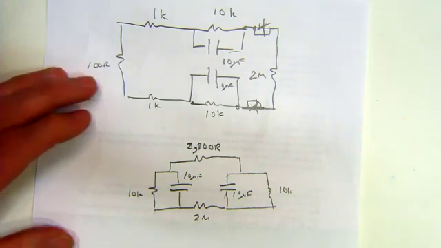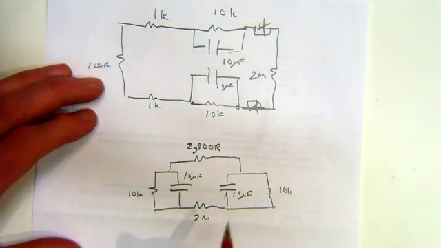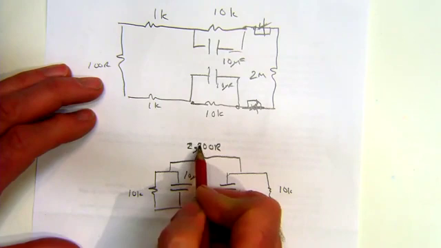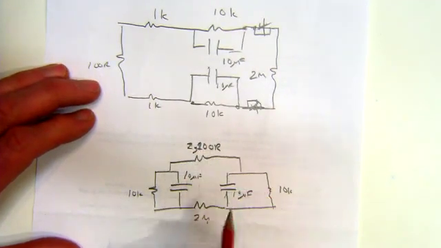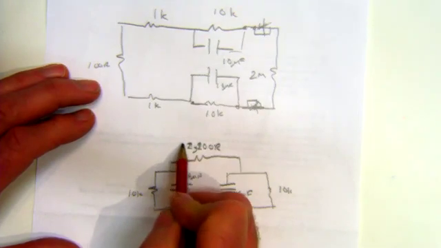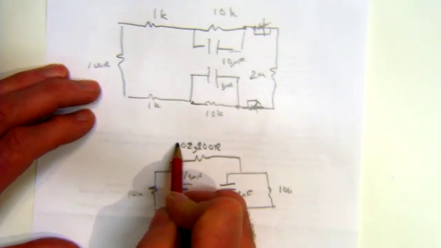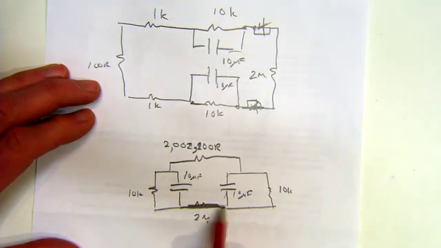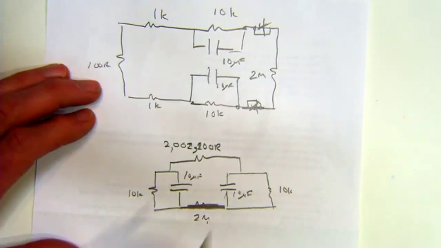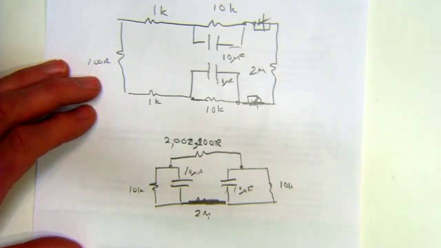All right then, so we can then put the 2 megohm resistor in series with those, can't we? That's a big resistor now, isn't it? Good. Now what do I do?